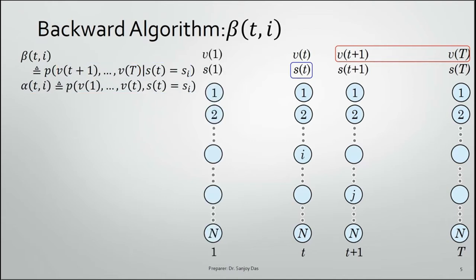So alpha_t(i) is the forward variable, and that's the probability of V_1 to V_t. It accounts for the outputs from the past until the present and S_t equals S_i. This is the difference. They kind of complement each other.